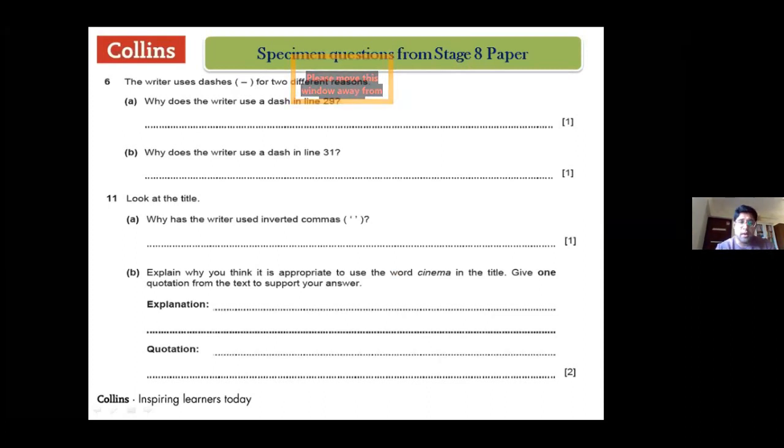Maybe in one of the dashes, the writer uses it to show some kind of interruption of thought. And in another line, the writer uses it to add some extra information. So these are various reasons. So you need to teach grammar, reasons why the punctuation has been used, reasons why a semicolon has been used, reasons why inverted commas have been used. And that brings me to the next question. Why has a writer used inverted commas?